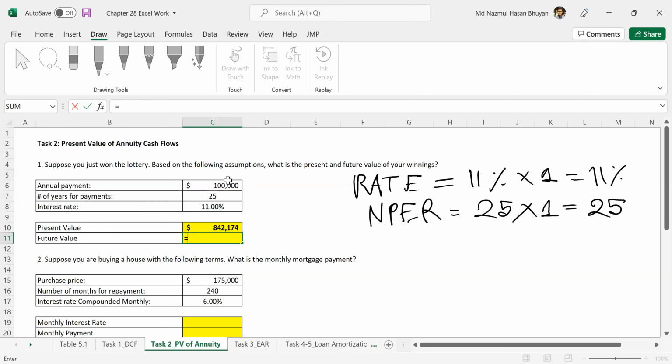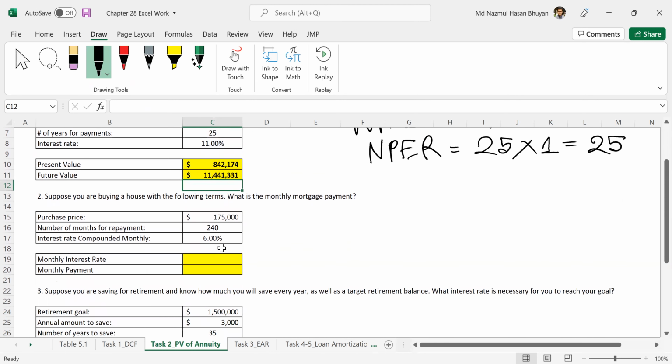So this is our present value, then future value. Again, rate, NPAR, negative payment. We don't have any lump sum present value. So now we know our present value and future value. All right, let's move on to our next problem.